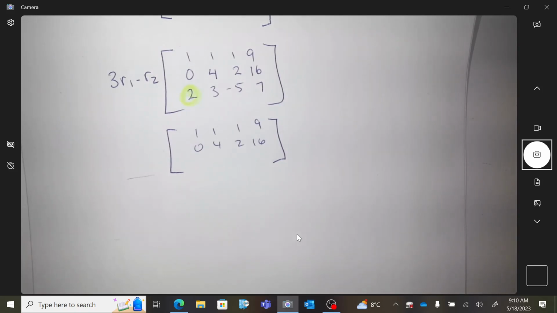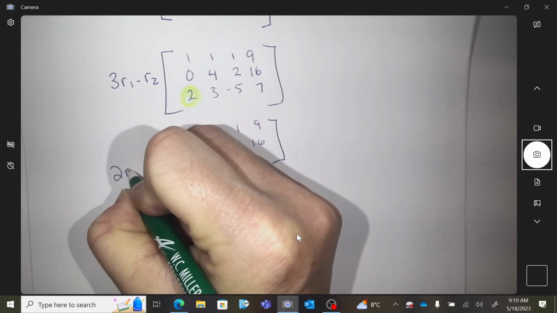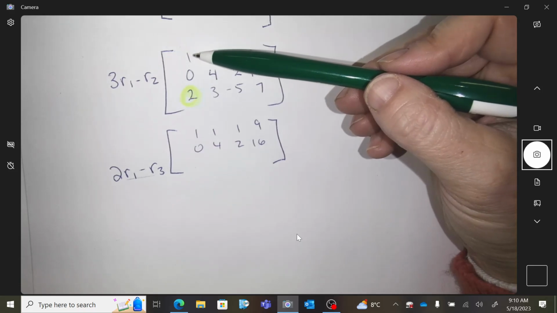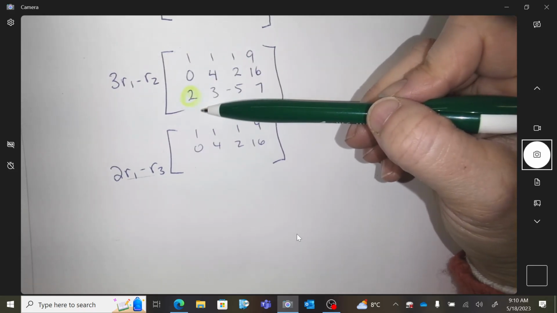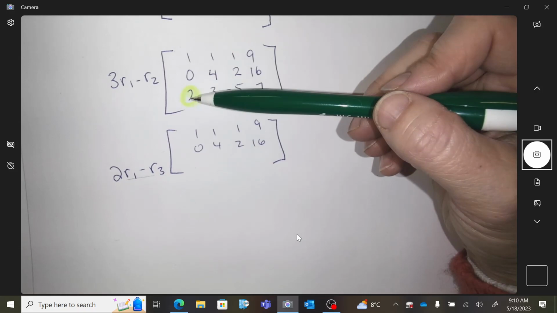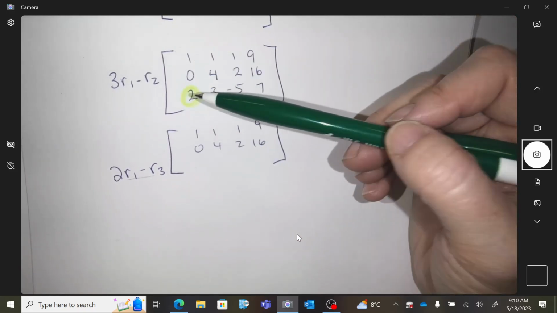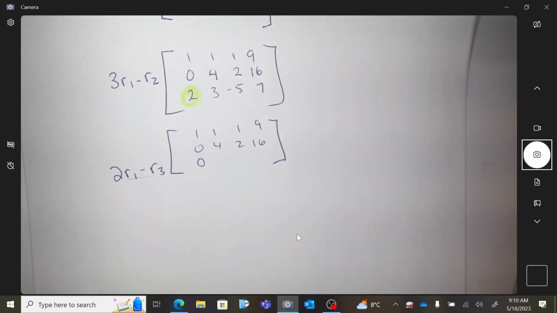Do you have a way to get rid of that 2? Did you pick 2 row 1s minus row 3? 2 row 1s minus row 3. Okay, so 2 minus 2, so there's my 0, that's what I wanted.